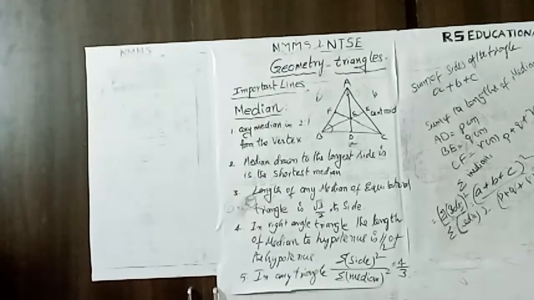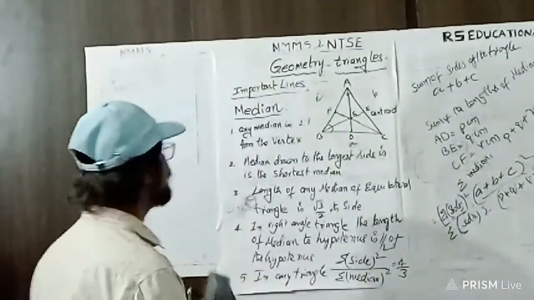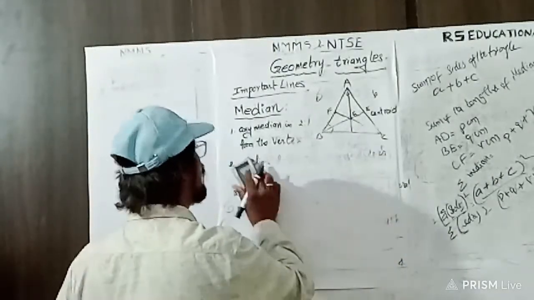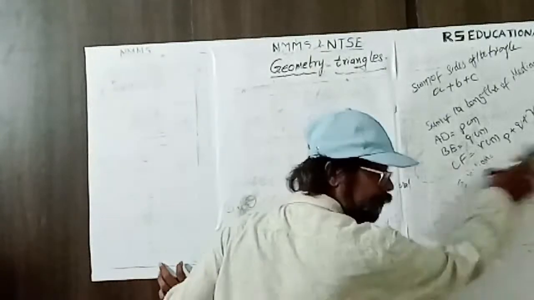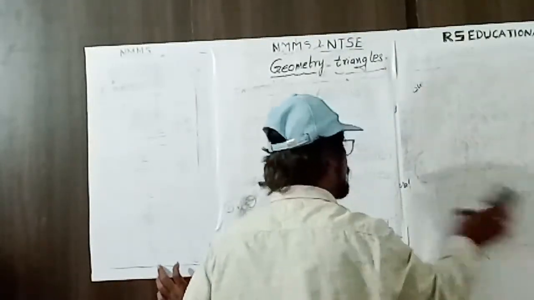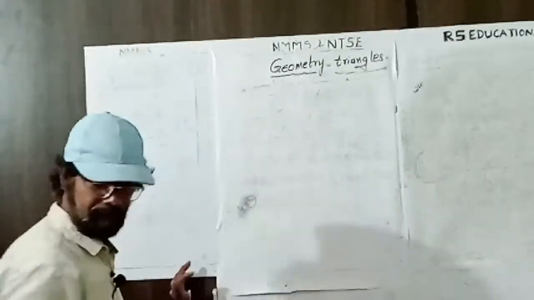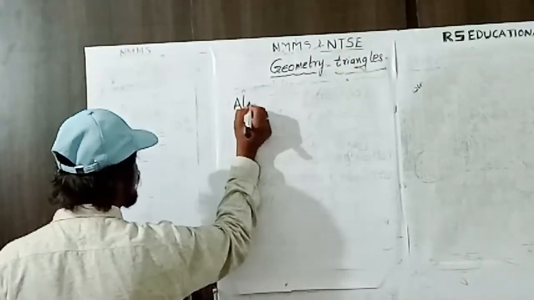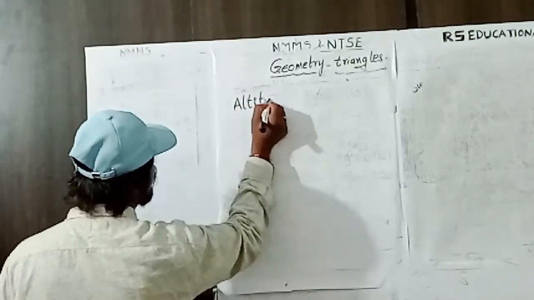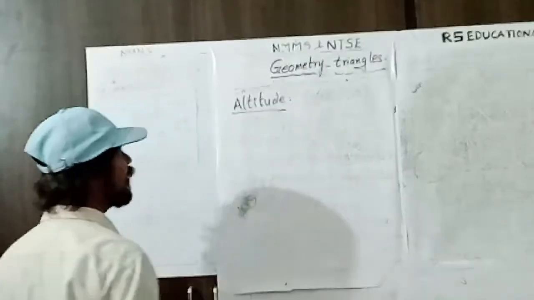So what is an altitude? Median is over. Now altitude.